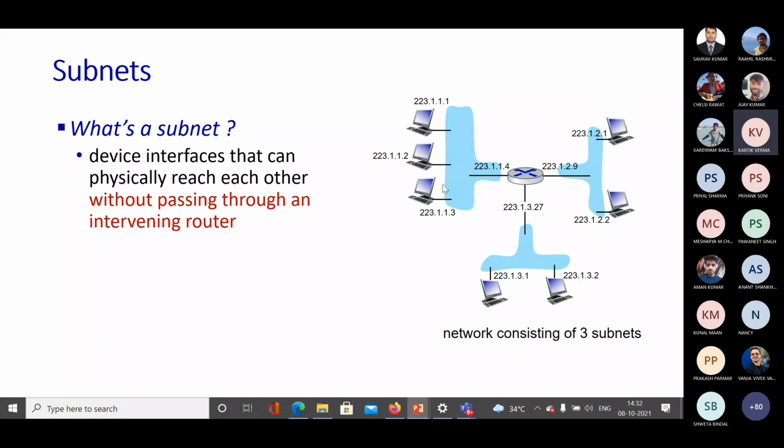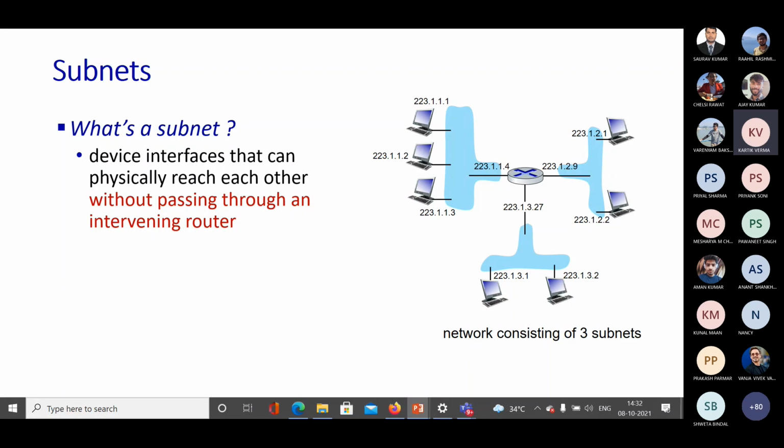Now look at the hosts with IP addresses 223.1.1.1 and 223.1.1.2. To reach from 1.1 to 1.2, you can simply say these belong to the same subnet, because you do not have to pass through this router to get to this particular host.